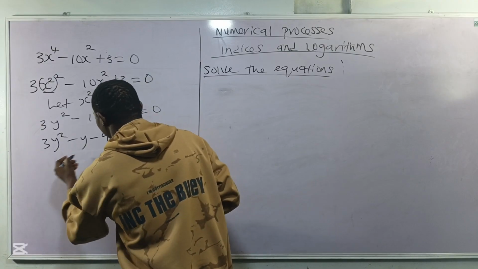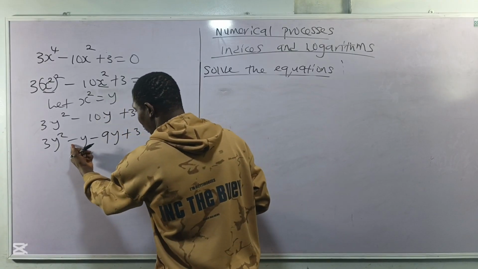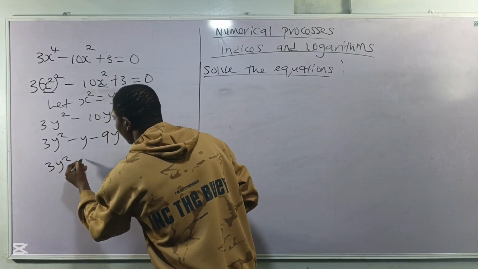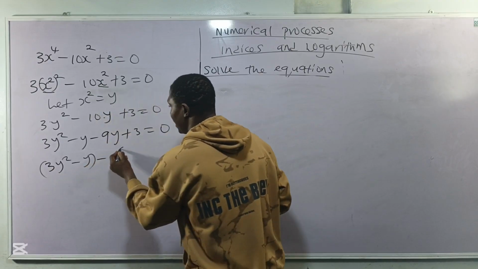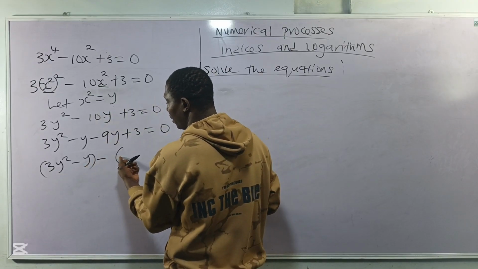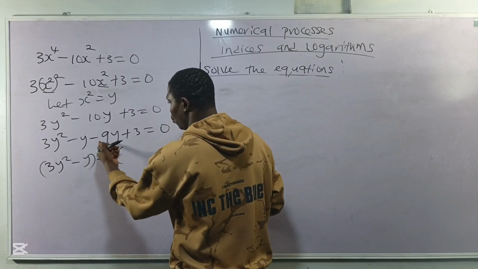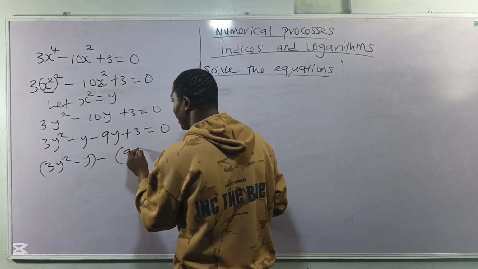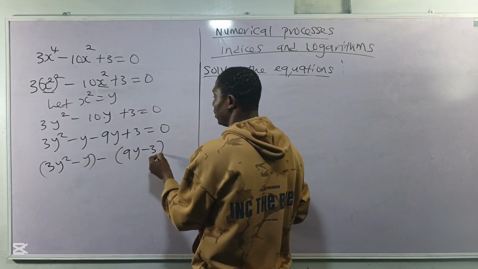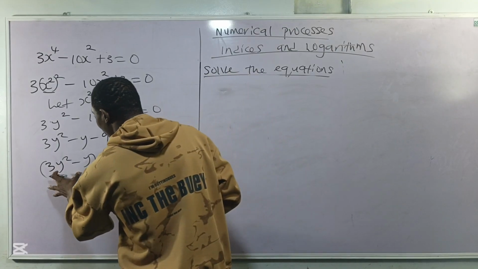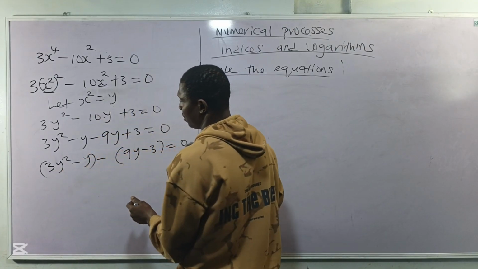So we can bracket. First is minus. So we have 3y squared minus y, in bracket, negative. If I have a negative before a bracket, all the signs inside the bracket will change. So minus 9y becomes positive 9y and plus 3 becomes negative 3, equal to 0. What's common here is y.